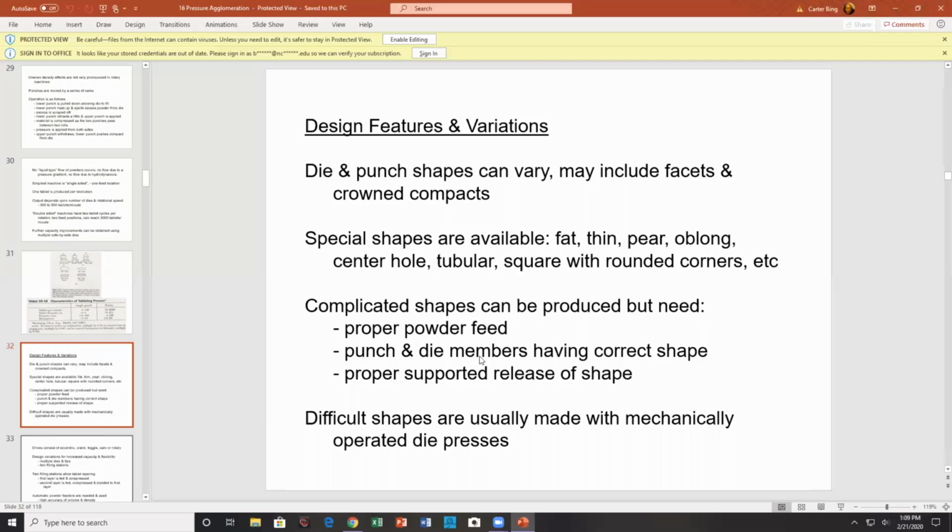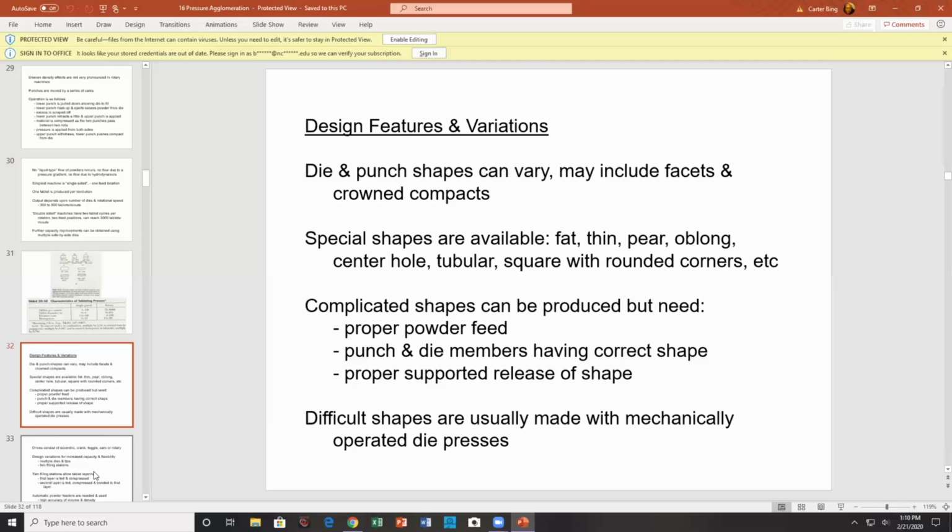Punch and die members having a correct shape, proper supported release shape. Different shapes are usually made with mechanically operated die. The die hole itself, you've got to pay attention to the die hole itself, right? Because eventually it will get worn out, right?